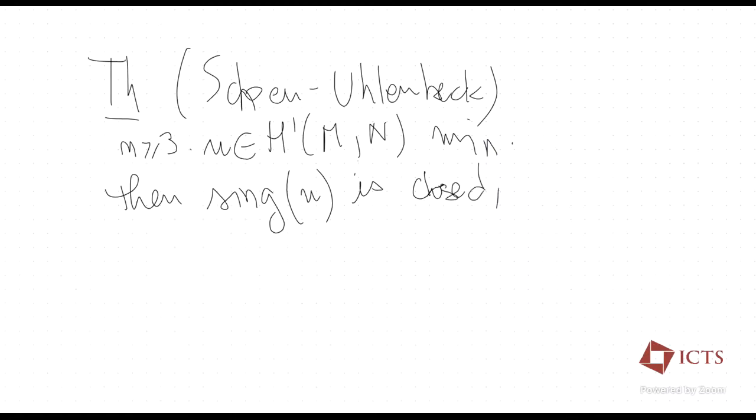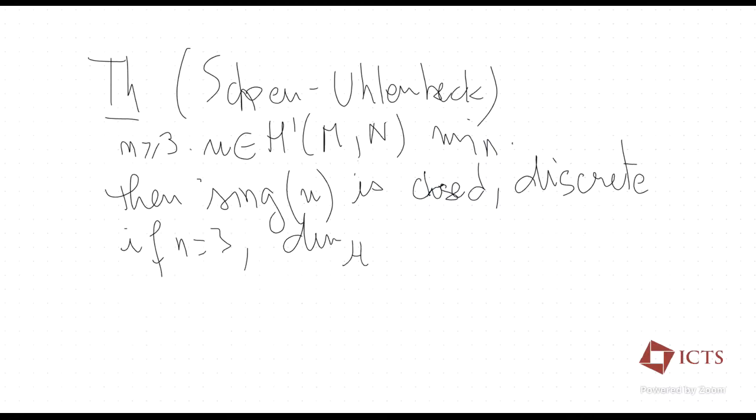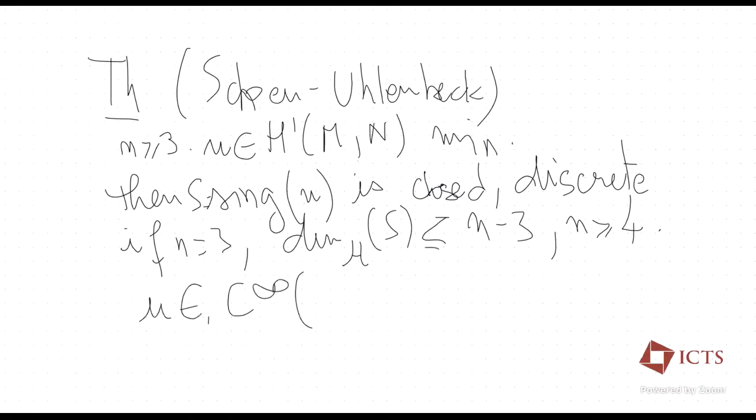Discrete if n is equal to 3, and with Hausdorff dimension, let me call this set S, less than n minus 3 for dimension bigger than 4. And the regularity result is that u is smooth outside of this set. Okay?